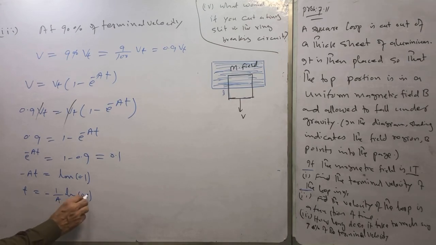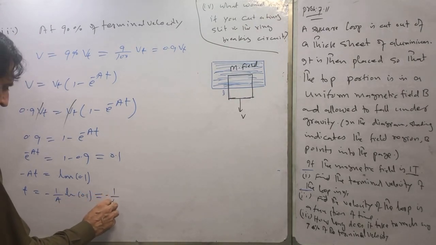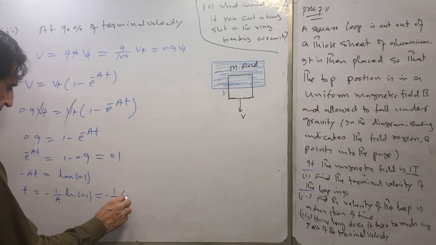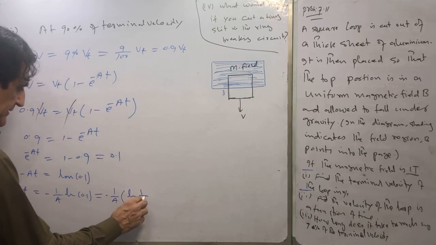From this equation, minus 1 over a and log of 1 divided by 10.